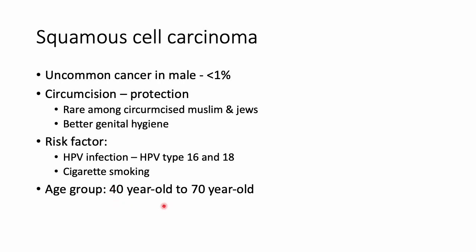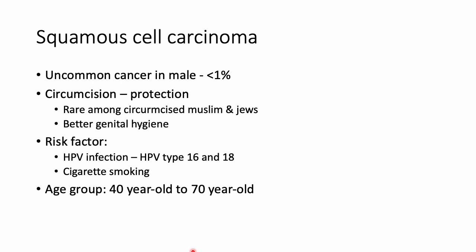this age is almost 10 or 20 years after a man becomes sexually active. Most probably they become sexually active in their 20s, and after 10 or 20 years of exposure to HPV type 16 and 18, around their 40s, they start to develop squamous cell carcinoma. This is also similar to cervical cancer in females.